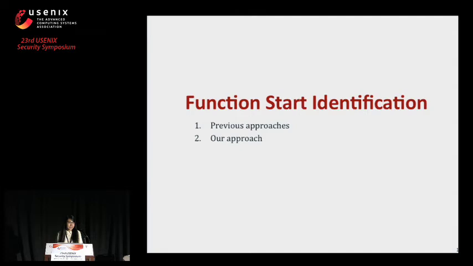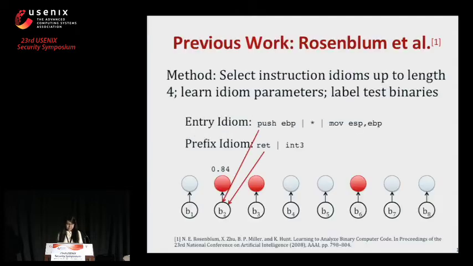We start with function start identification. The machine learning approach to function start identification was first proposed by Rosenblum et al. Their basic method is to first extract the most representative instructions, which they call idioms, that either occur at a function start or are followed by a function start.